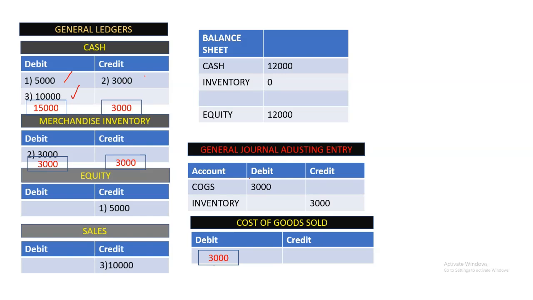But we parted with 3,000 because we purchased it. And therefore, this is now 12,000 cash, an increase of 7K, as we saw a little earlier when we computed the income. And inventory is now zero because we sold it for 10,000. And then the equity will increase by 7K, and this will total 12,000. Let's proceed.